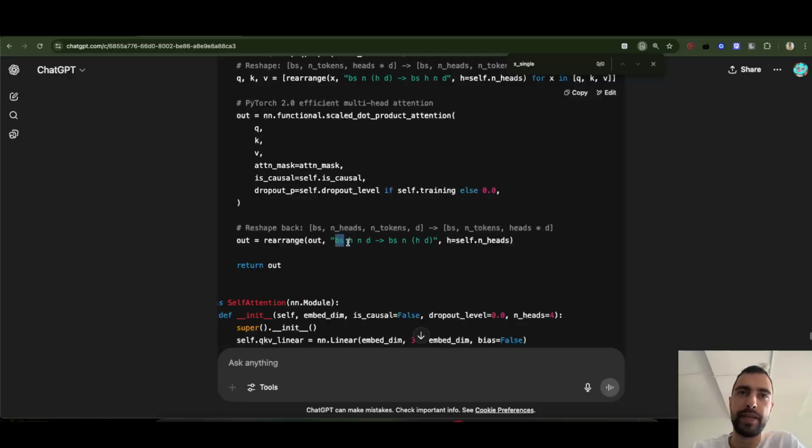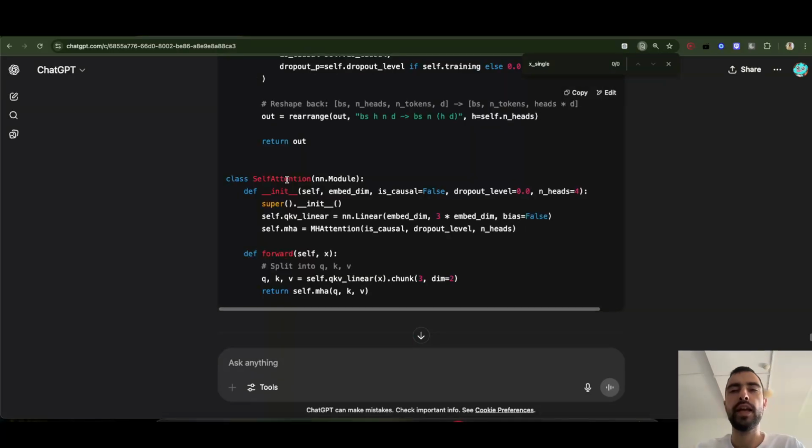So B, S, H, and D to B, S, N, and then combine H and D. And H is number of heads. I'm not sure why I need to specify, because it should automatically infer the shape of H. But anyway, and there is this self-attention class.